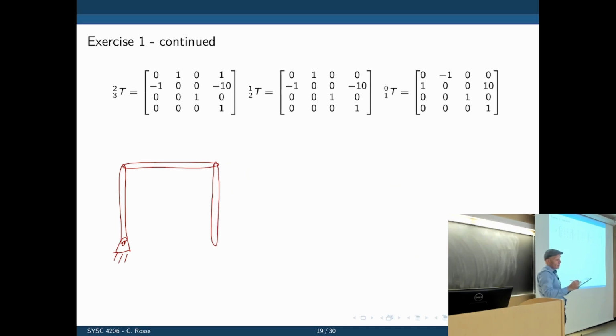Where are our frames? That's the biggest question. Well, Z1 is here, Z0, we have X0 and Y0. What is the frame at the end effector? It's just a shift. The origin of the x, and then the shift is 10. Z was coming out, right? X was coming out. So X is now going down.